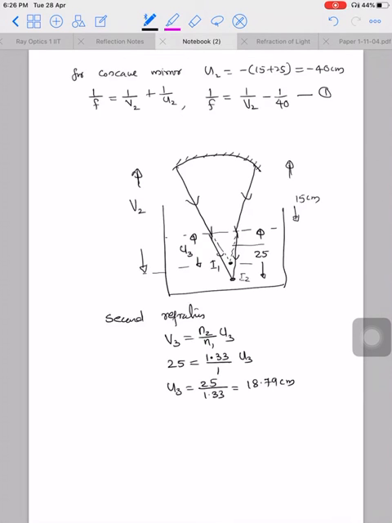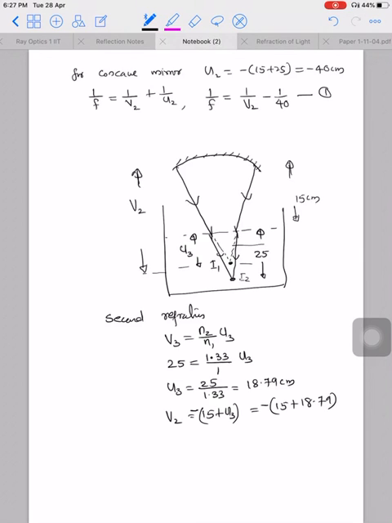Therefore, image position of the mirror from the interface is 18.79. So image distance from mirror v2 is equal to 15 plus u3, that is equal to 15 plus 18.79. It is measured from pole in the downward direction. Light incident on the mirror is in the upward direction.